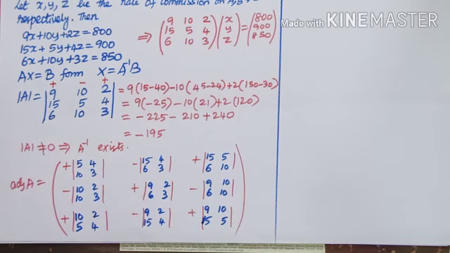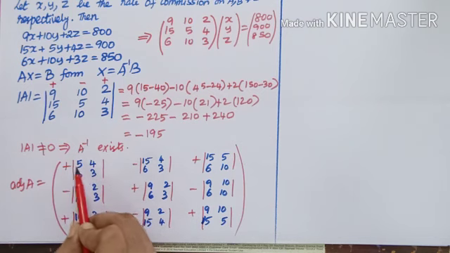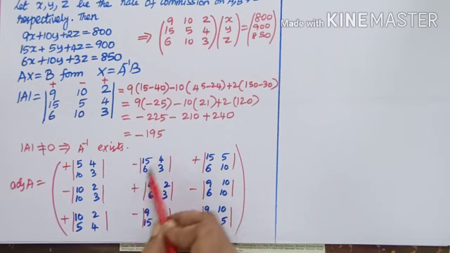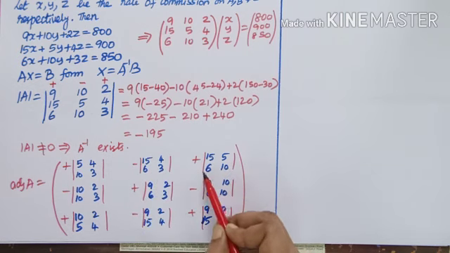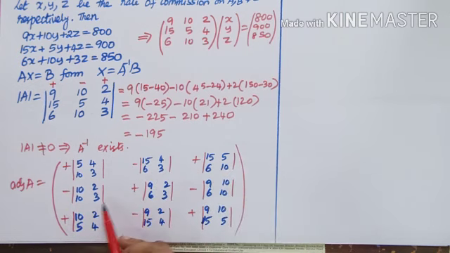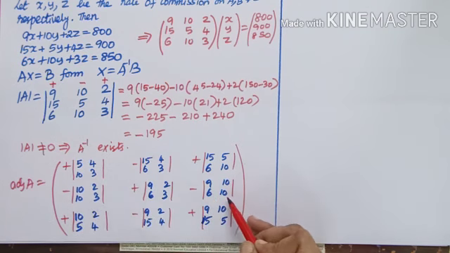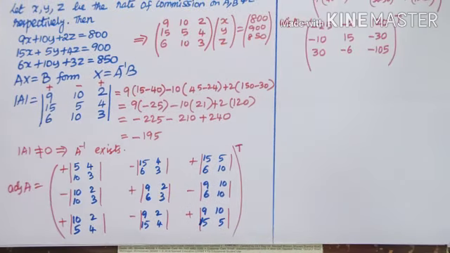Now what is the next step? Multiply, subtract. So 15 minus 14, 45 minus 24, 150 minus 13, 30 minus 20, 27 minus 12, 90 minus 60. Like that you follow the next line.